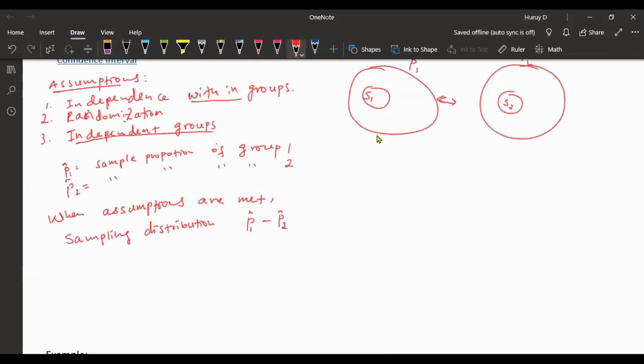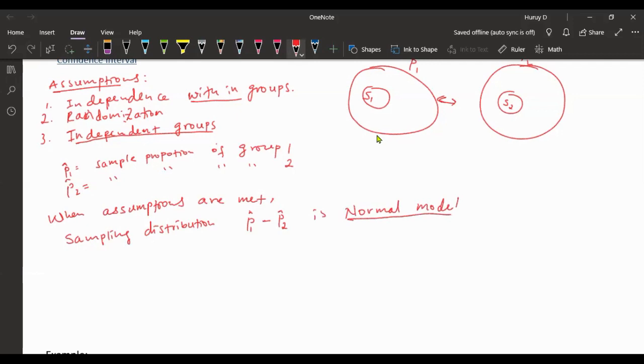When these assumptions are met, the sampling distribution of p hat 1 minus p hat 2 is a normal model. As usual, we have the normal model.